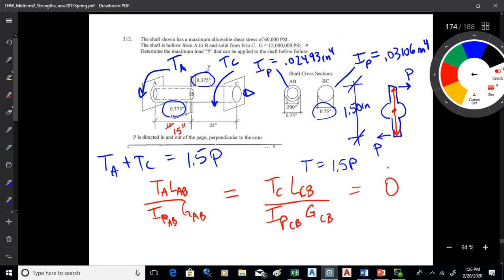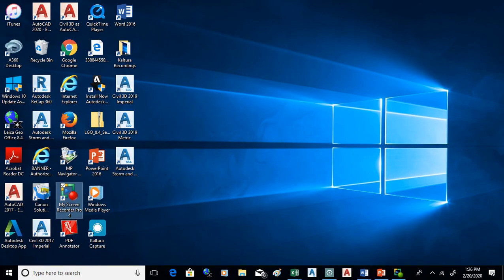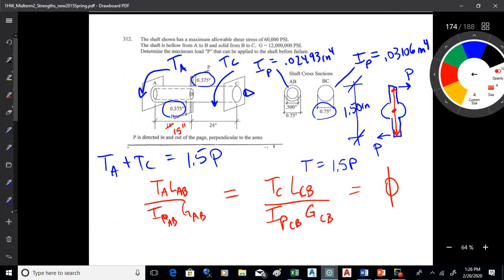And I'm setting that up because that gets me the angle at B, okay? Like so.